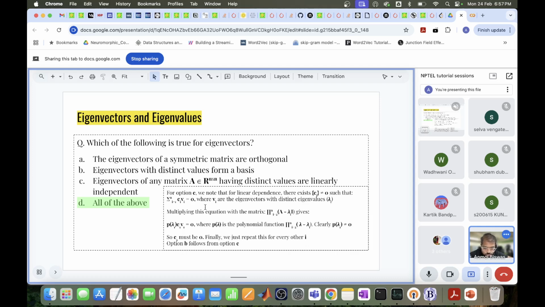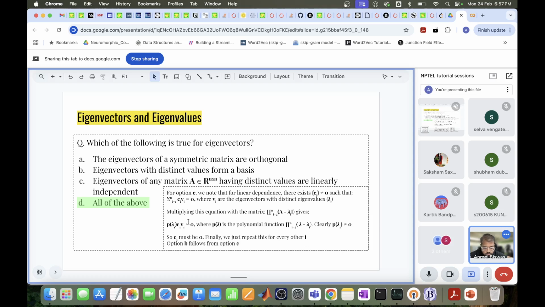So if a set of vectors vi is linearly dependent, then there should exist some set of cj, which are real number scalars, where not all of them are 0, such that this linear combination of vi's must be equal to 0, right? Where vi's are the eigenvectors with distinct eigenvalues lambda, right?